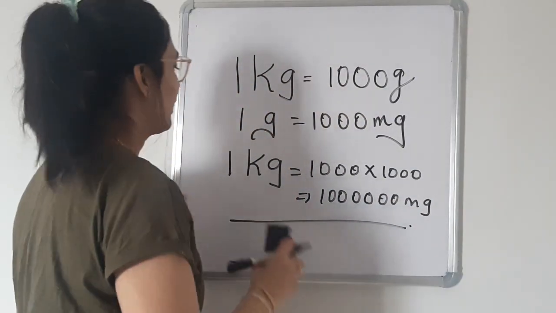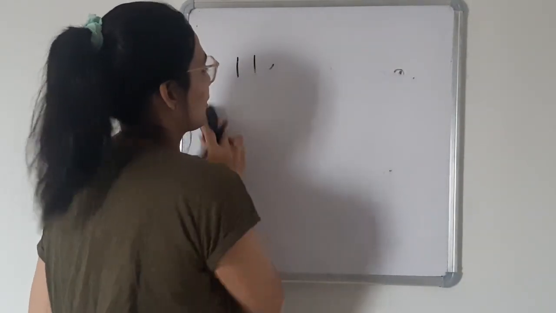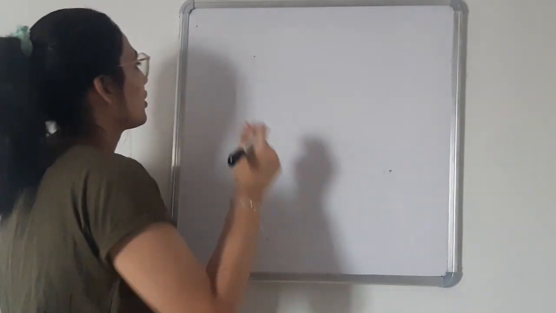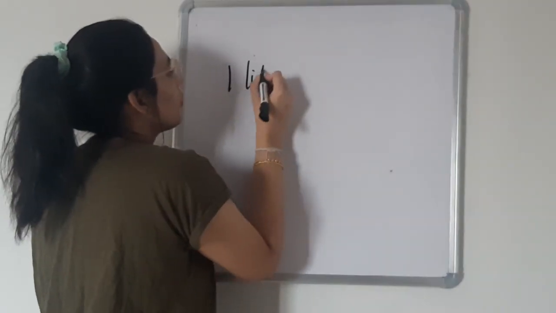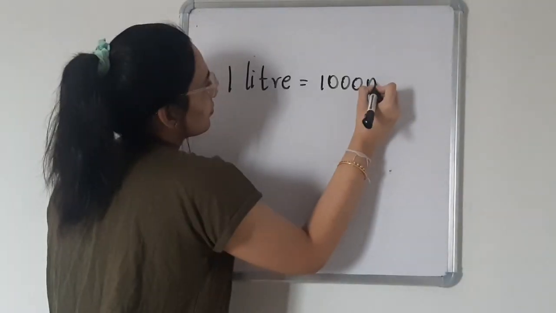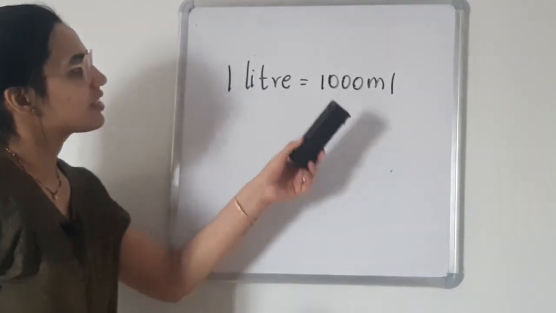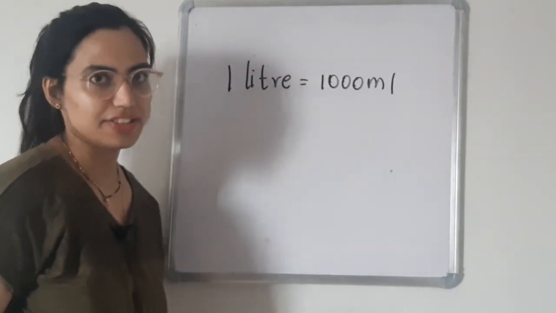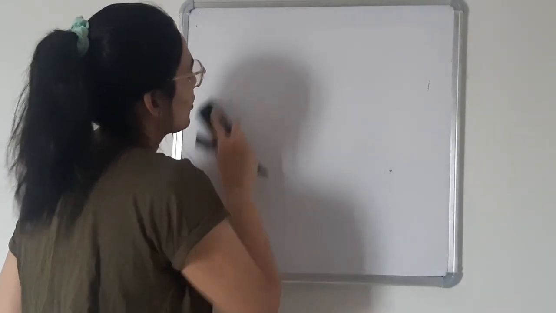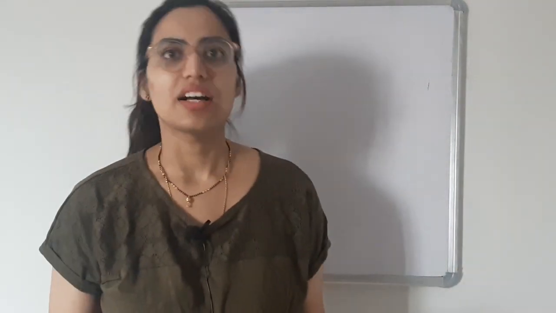Right? Now, let's do the same for liters. 1 liter is equal to 1000 ml. Okay? So 1 liter is 1000 milliliters. So this is how you convert from one unit to another unit.